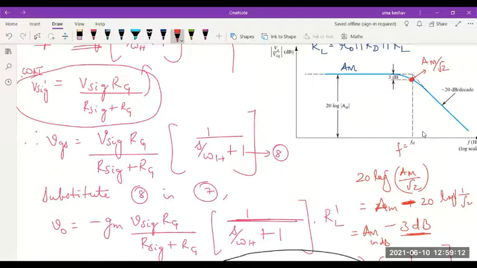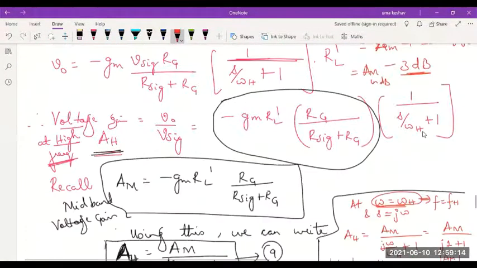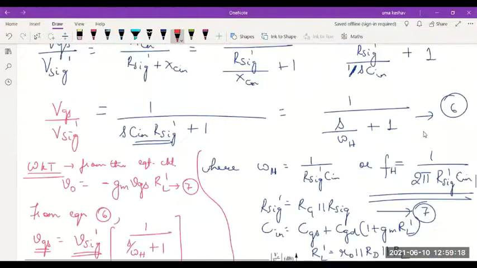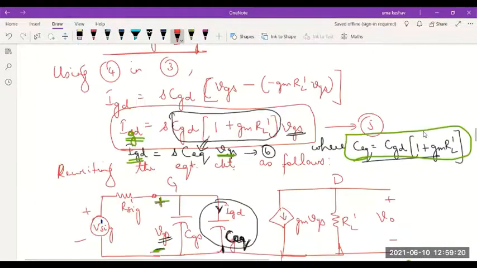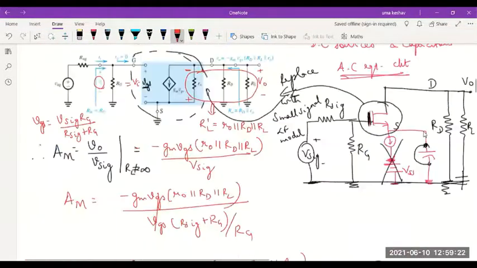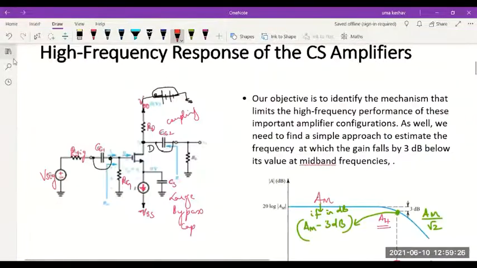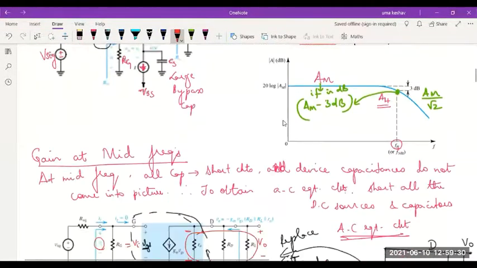Is that clear? Please remember all this. It's very useful in your Viva also. So now we are done with the high frequency response of a common source amplifier. We started off to analyze the high frequency response of common source amplifier. We already told that it will look something like this.